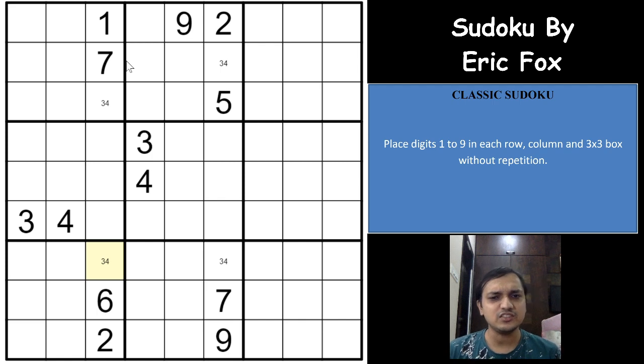So whenever you have a case where in 2 rows or 2 columns you have a single digit possibility in 2 cells, I have the 2 columns here, and that single digit, for example 3, is possible in the same row in those 2 columns and in other rows in the other cells.